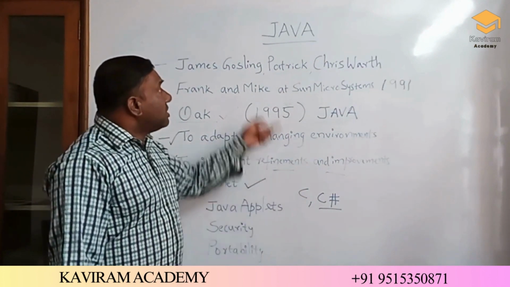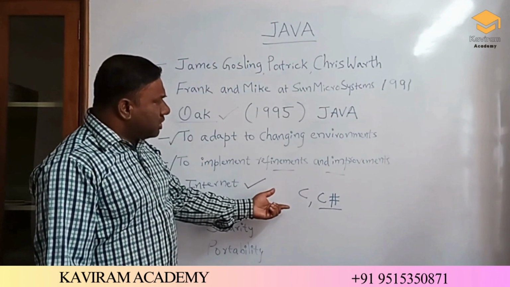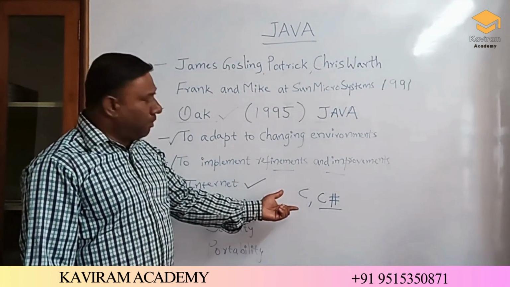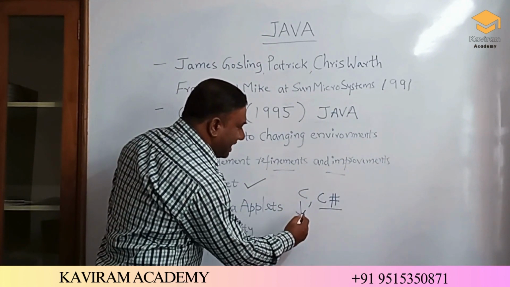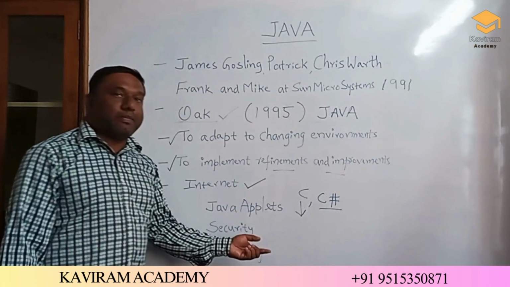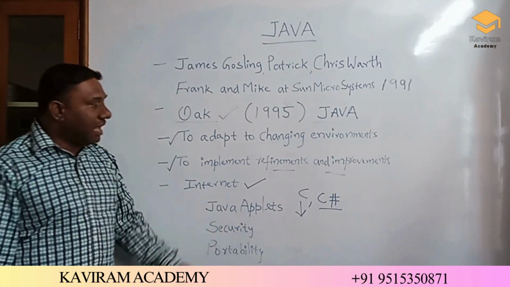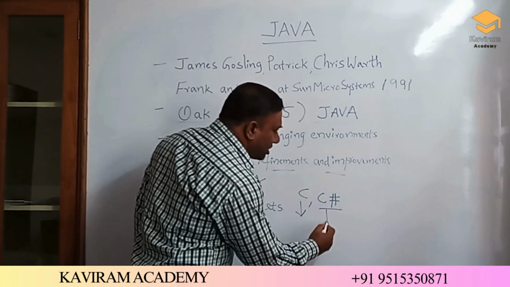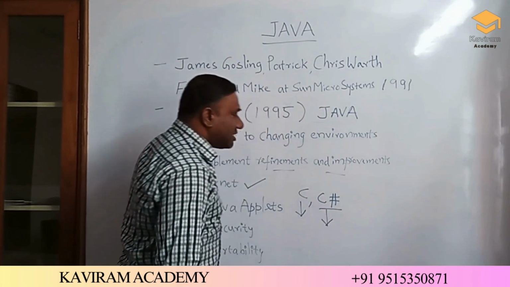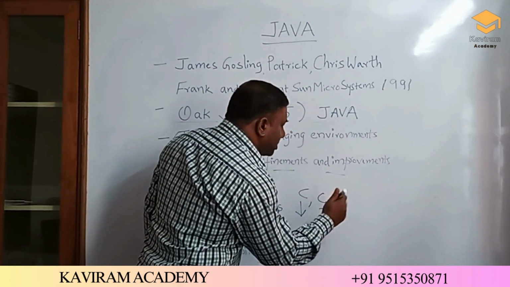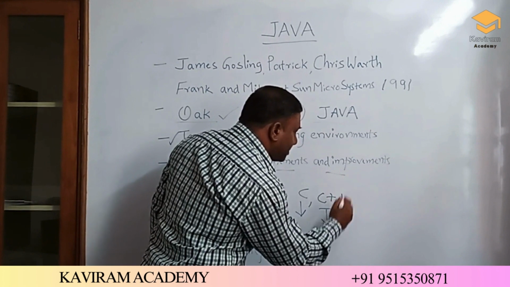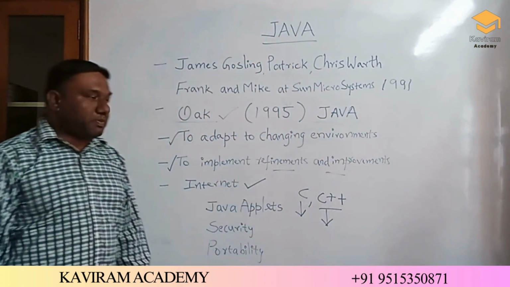Java takes all these things from C and C++. Java takes its syntax and rich libraries from C, and object-oriented concepts from C++. So it takes all its concepts from C and C++.